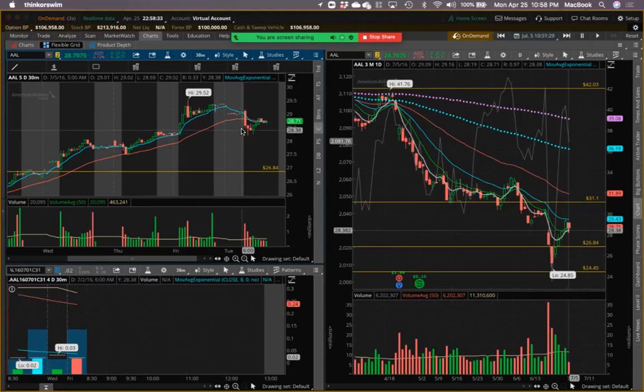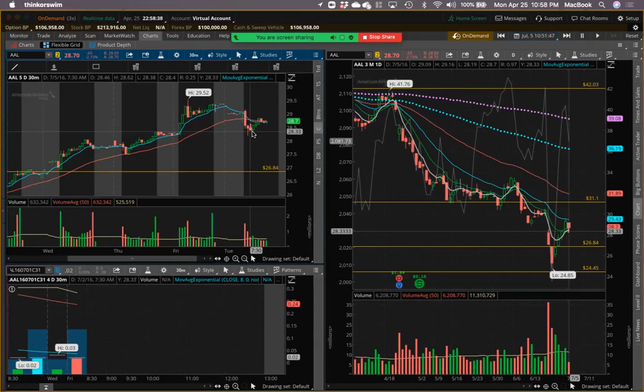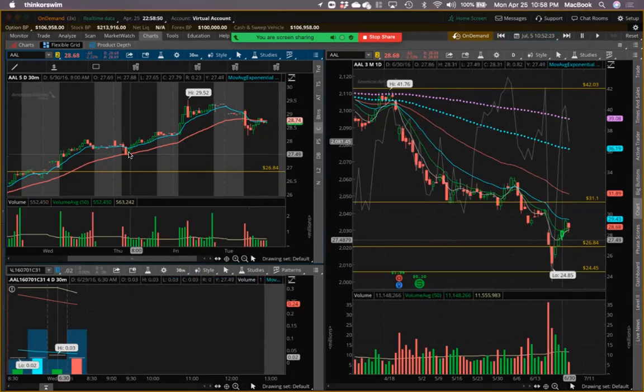And I know these are small numbers, but when you look at the option chain on American Airlines, it's small amounts that you're paying too. But we're definitely seeing that as a target. But really this one down here, 27.50, as a target. And that's about a $1 move that I would be pretty happy with, just to get back down to that one in the course of the next couple of days.